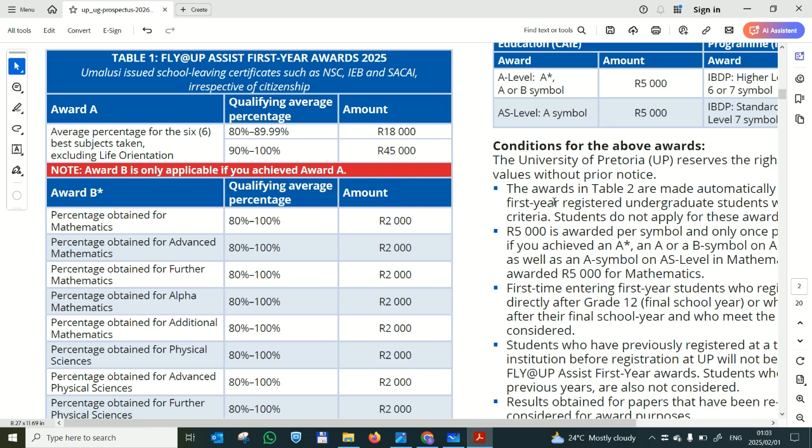So if you pass very well, you might get awards. This one says average percentage for the 6 subjects taken, excluding life orientation. If your percentage is 90 to 100, you get 45,000. If your percentage is 80 to 89.99%, you get 18,000.